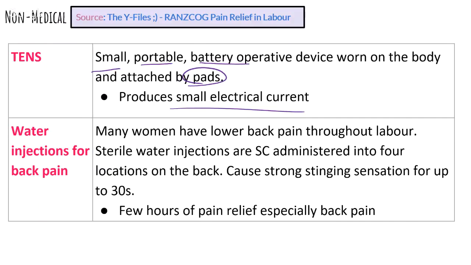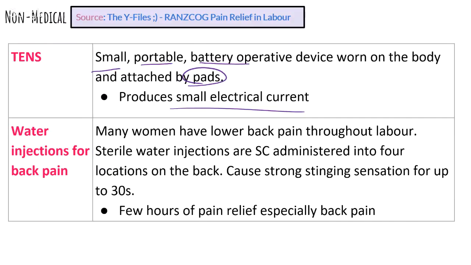Okay. And then water injections. Unlike what a lot of us might have misconceptions, I know I did until I read about it, the way water injections are done is you get sterile water and you inject it subcutaneously into 4 locations on their back. The reason we use water injections is usually for women who are having lower back pain, because that is what it's purported to try and decrease.